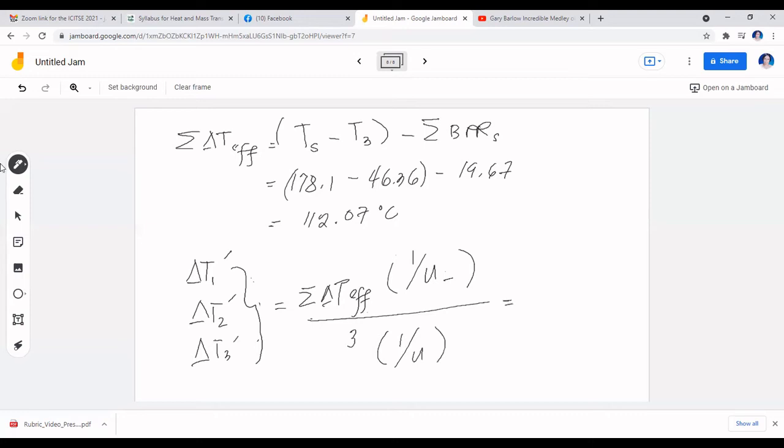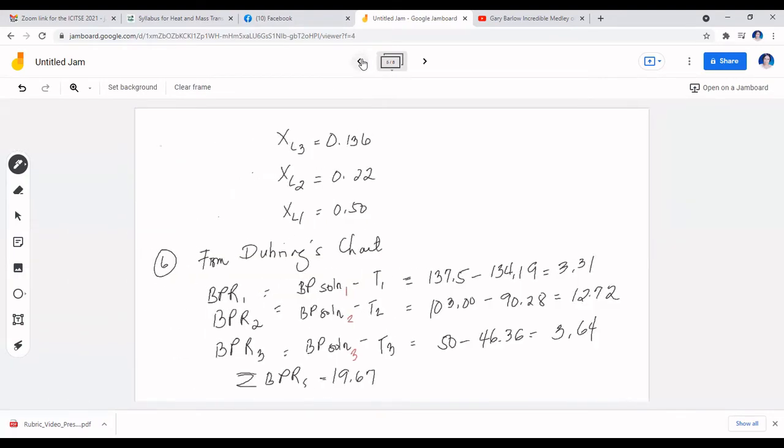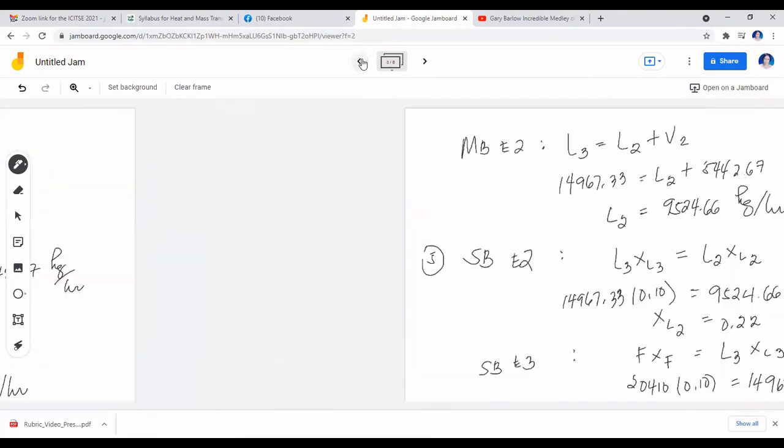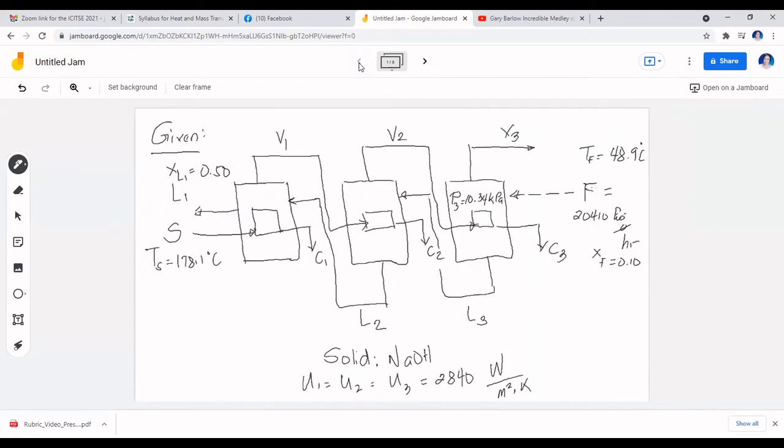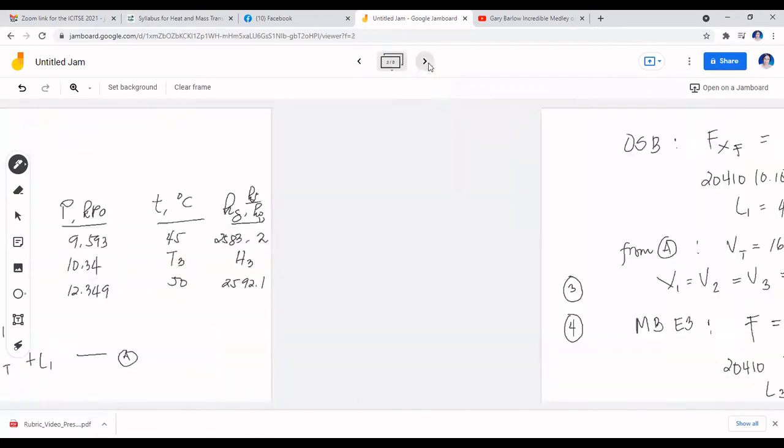Can you solve for it? You have 112.07. We divide it by, what's the U? 2840.